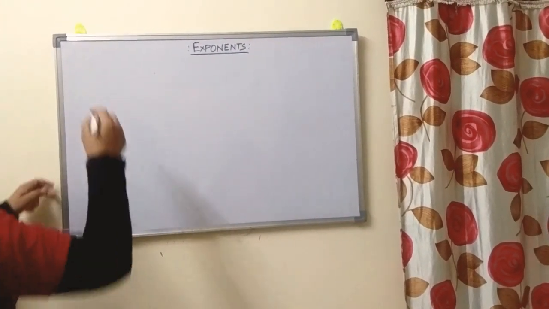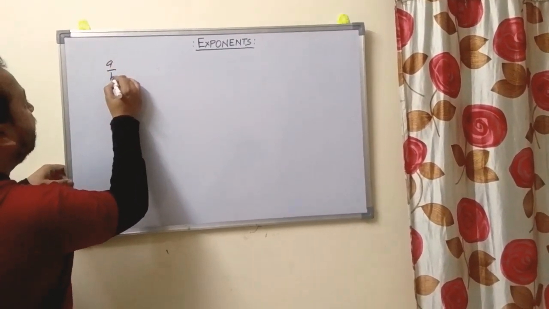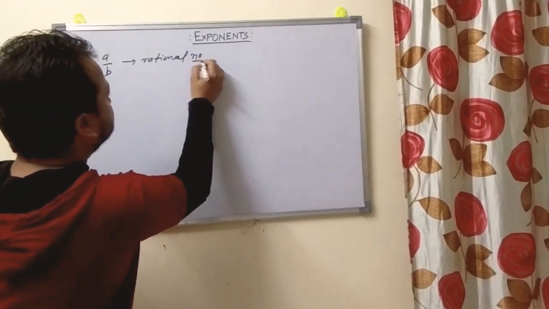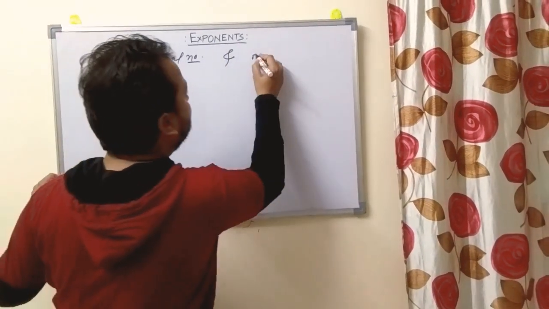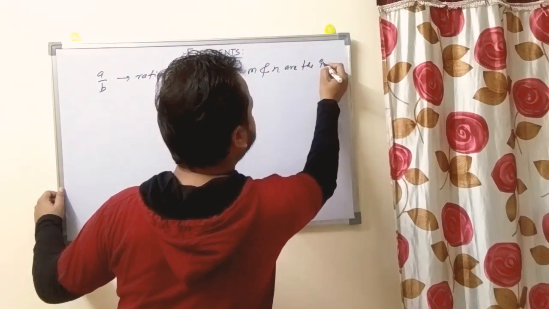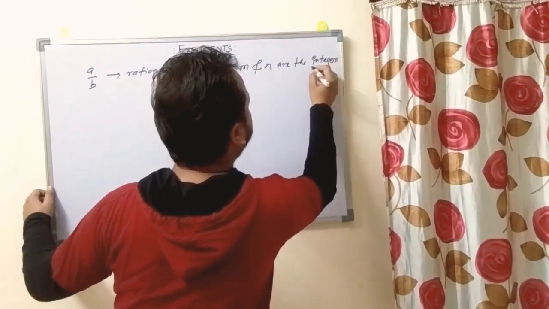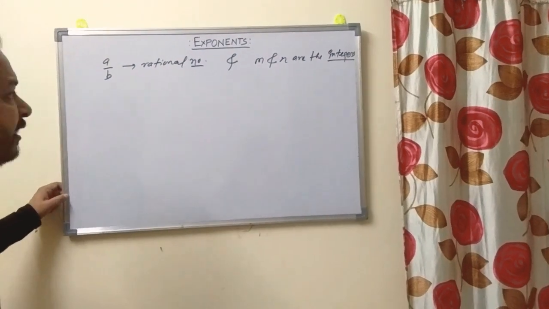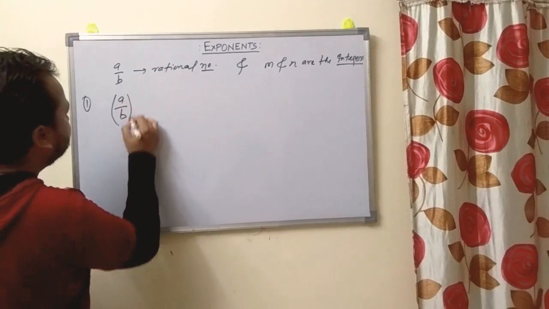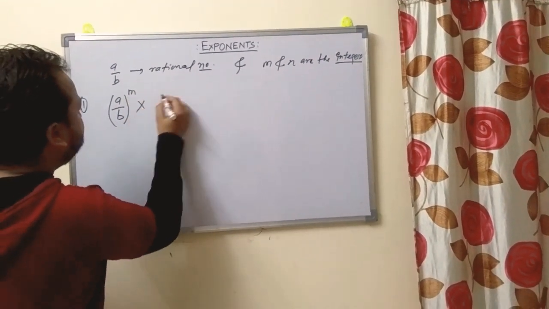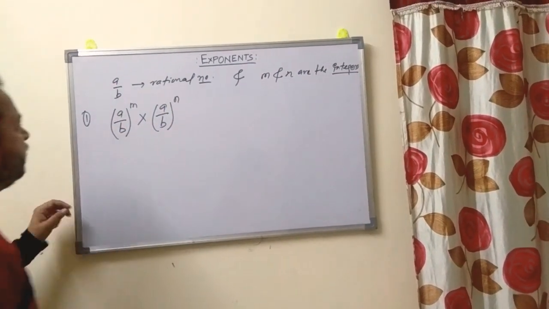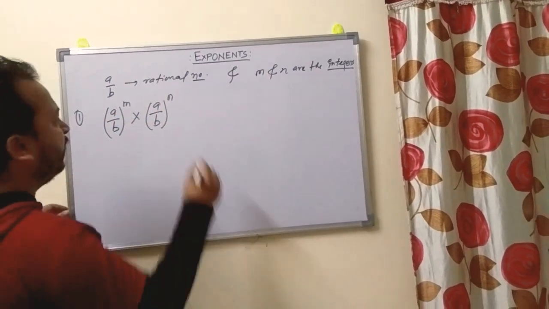Now we are going to discuss this. If a by b is a rational number and m and n are integers. Integers means they can be positive or negative. So the first rule is (a by b) power m multiplied by (a by b) power n, means the base is the same, the powers are different.